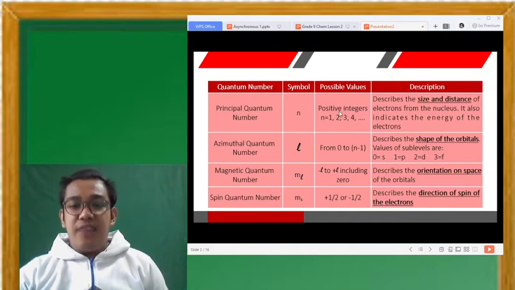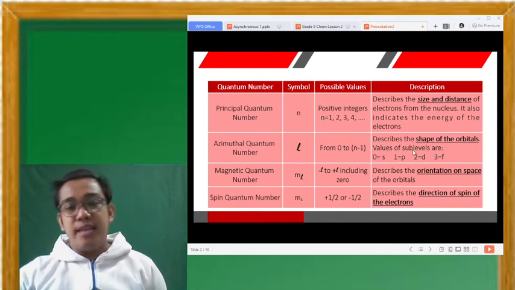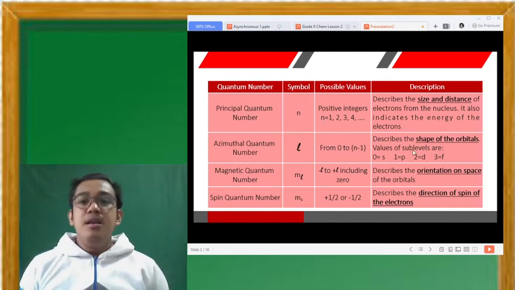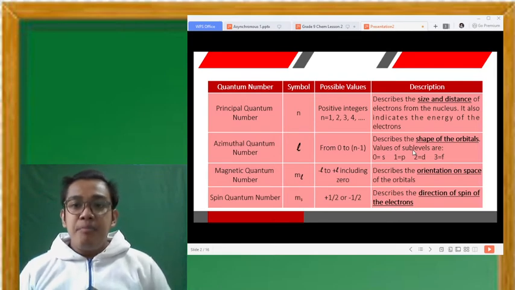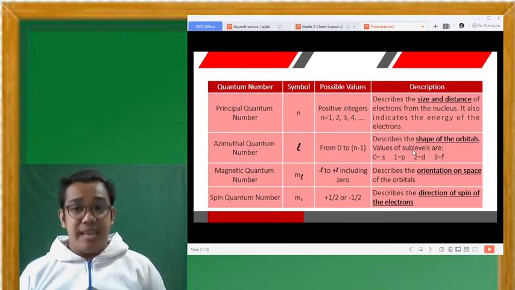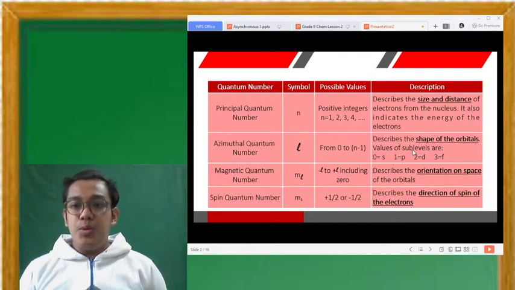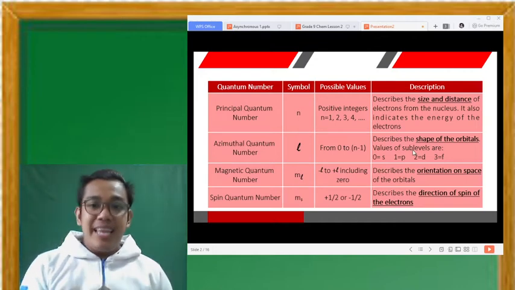Again, positive integers, not negative ones. So n is equal to 1, 2, 3, 4, and so on. For the description, it describes the size and distance of electrons from the nucleus. It also indicates the energy of the electrons.